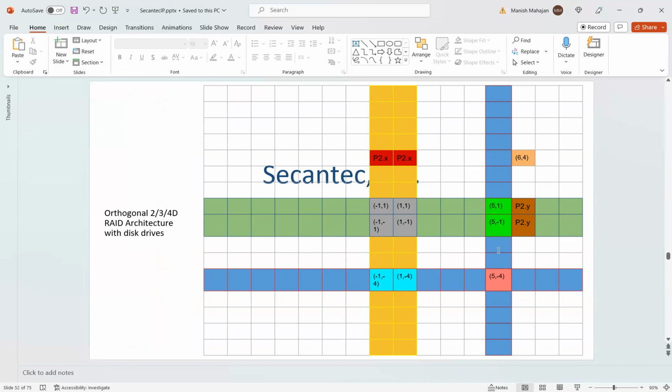Now, the major difference in this structure is that if there is an update to one of the drives, let's say 5 and -4, then we don't have to update the whole column on the x-axis or the whole column on the y-axis. These are just passed through with 512, 520, or 1K, 2K, 4K sector sizes.